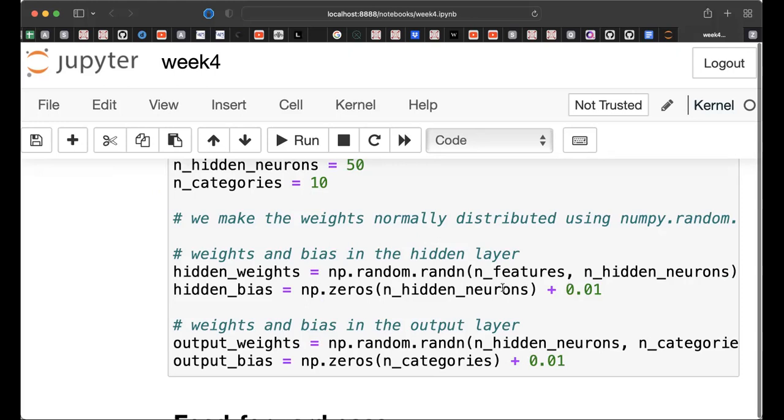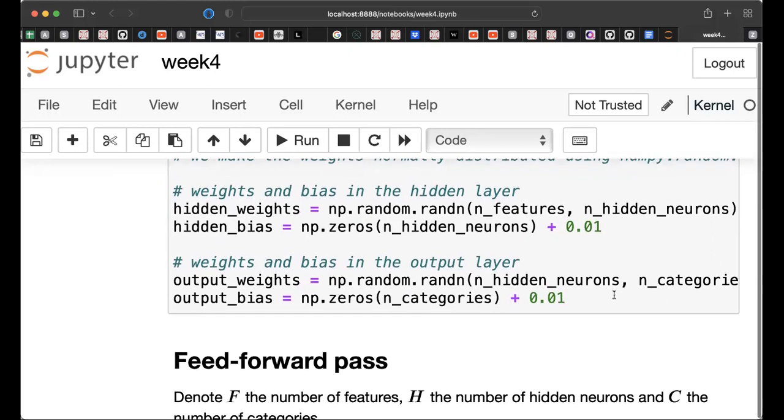And then we have the biases, which we simply initialize to a small number. You could have opted for a random number according to the normal distribution if you wanted to, but you can also just fix that to a small number because this is going to be trained anyway. And you would normally set the bias to a non-zero number in case the weights end up being close to zero.